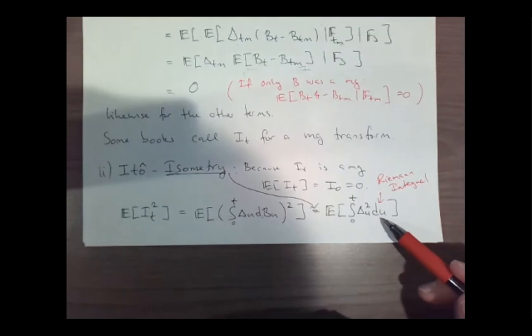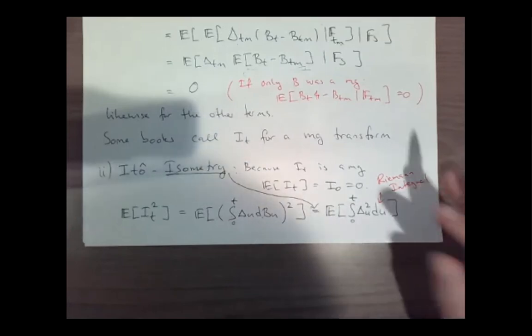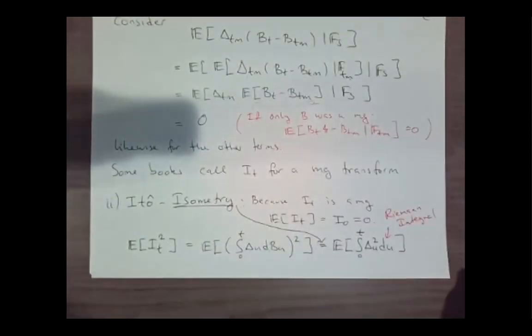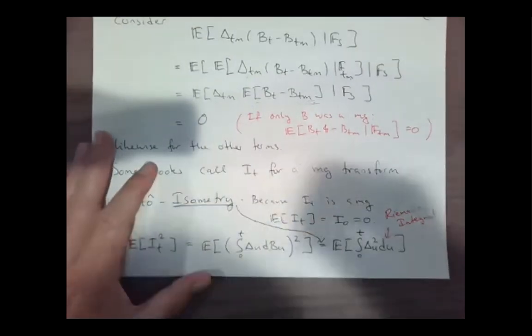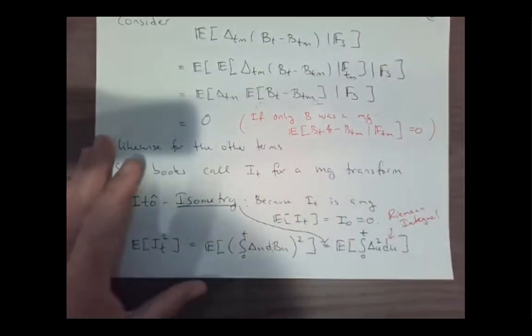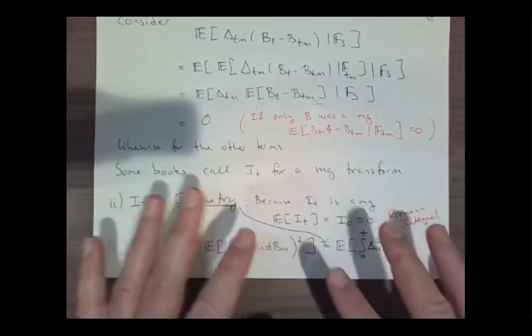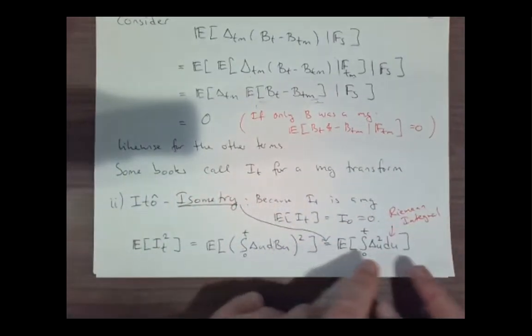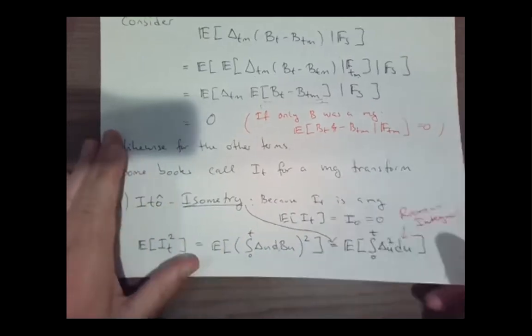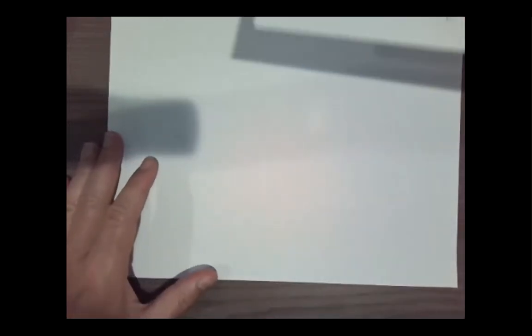So there is a connection between the two worlds. We will see that connection being exploited. We're going to be using this connection between stochastic integrals and Riemann integrals quite a bit in this class later on.